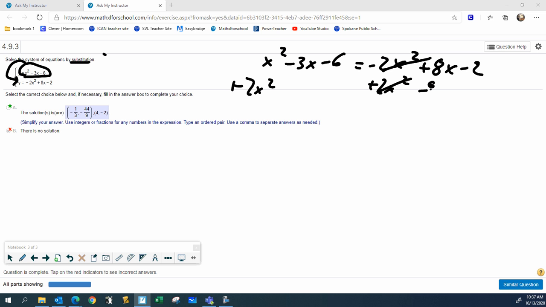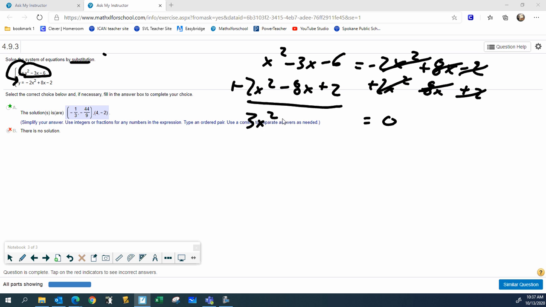I'm going to subtract 8x, and I'm going to add 2. So essentially on the right, I'll have 0. And then over here, I get 3x squared minus 11x, and then minus 4.